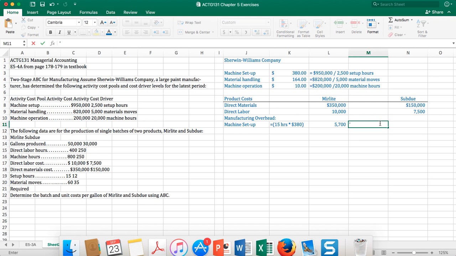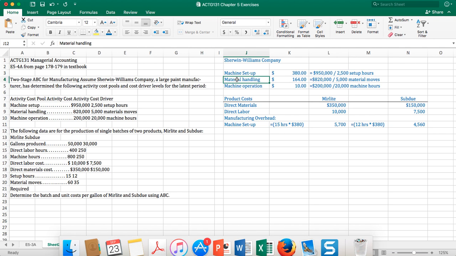And for Subdue, it works out to be 12 setup hours multiplied by $380 per hour. Oh, I need to abbreviate here so it'll fit. So we'll calculate that dollar amount, 12 times 380. So that's for the machine setup.